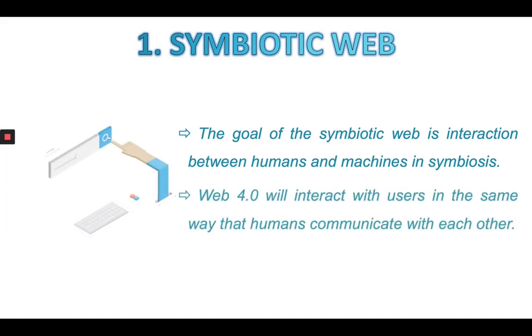The line between human and device will blur. It means the connection between human and device. The Web 4.0 will interact with the user in the same way that humans communicate with each other.